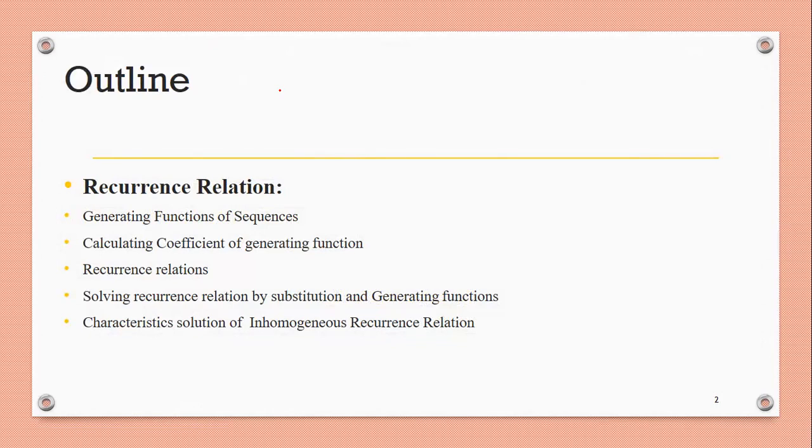If we want to define it formally, a recurrence relation for the sequence a_n is an equation that expresses a_n in terms of the previous terms, namely a_0, a_1 and so on up to a_(n minus 1), for all integers n with n greater than or equal to n_0.